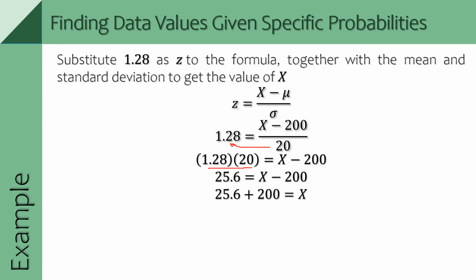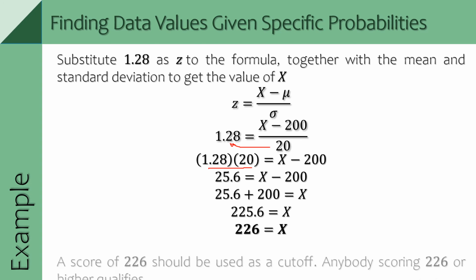So transpose 200 to the left side. So that is 25.6 plus 200 is equal to x. So that is 225.6 is equal to x. So round it off to the whole number. So that is 226 is equal to x.